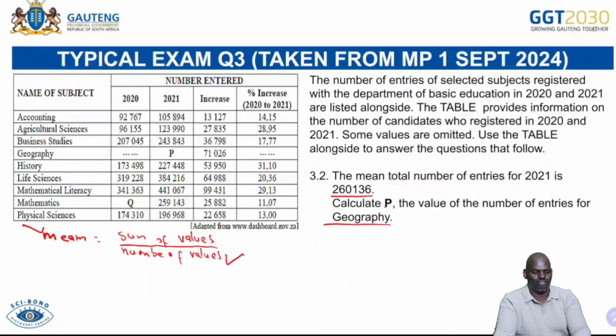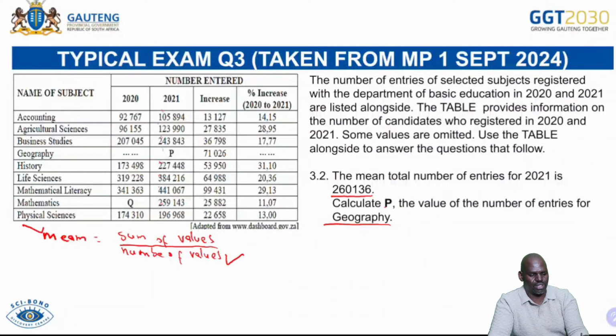We know the number of values. How many values are there? In 2021, we've got 1, 2, 3, 4, 5, 6, 7, 8. It's actually 9: 1, 2, 3, 4, 5, 6, 7, 8, 9. It's 9 of them, including P. Don't make a mistake and say there are 8, because we still have to find the value of P. So we have to count that P.